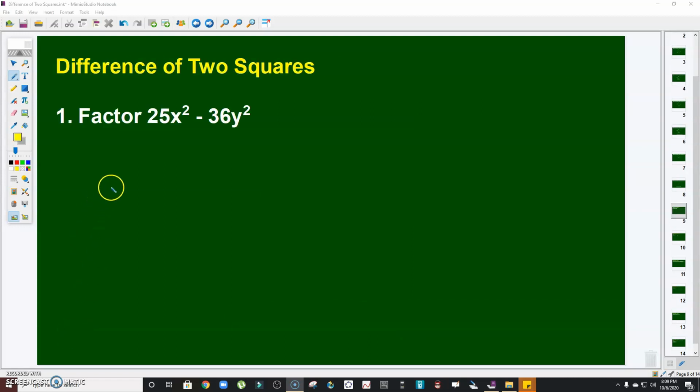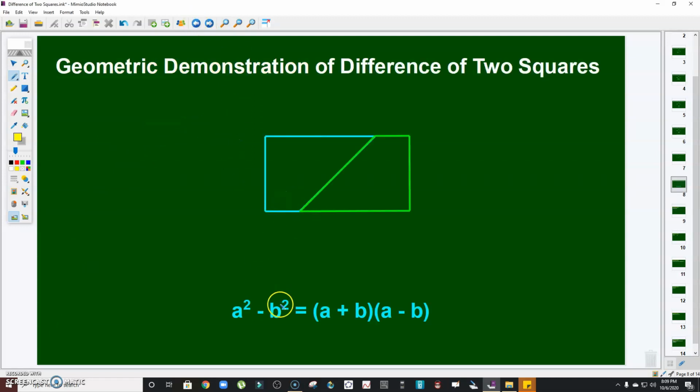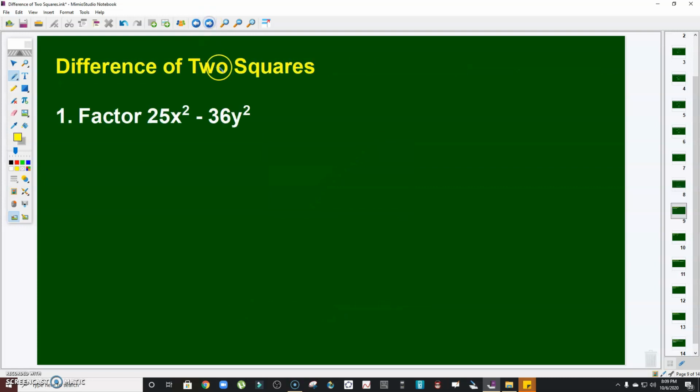Example number 1. Factor 25x squared minus 36y squared. Once again, take note, the difference of two squares is equal to the product of the sum and difference of two terms. So, let's apply that. What are those two terms?